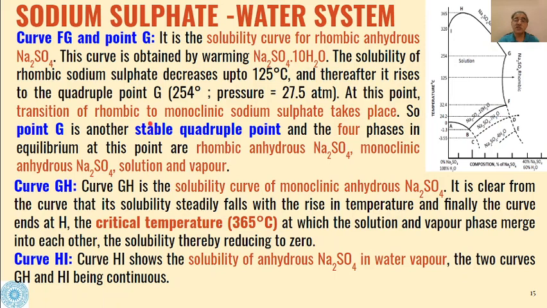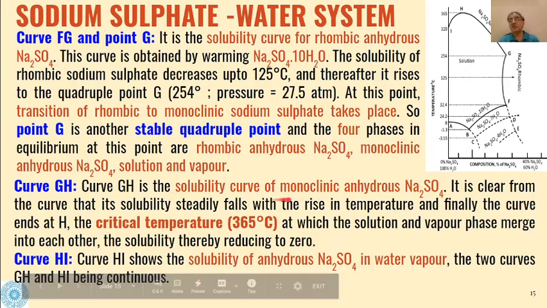So this is a stable quadruple point, and four phases are in equilibrium. Therefore, they are sodium sulfate rhombic, sodium sulfate monoclinic, then solution of these two, and vapor. So these are the four phases which are present at point G. Then curve GH.